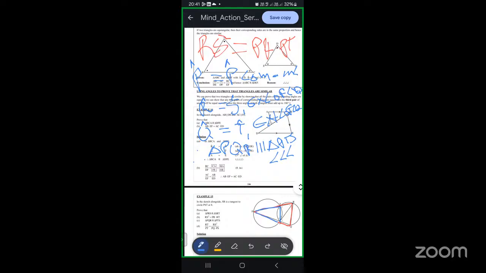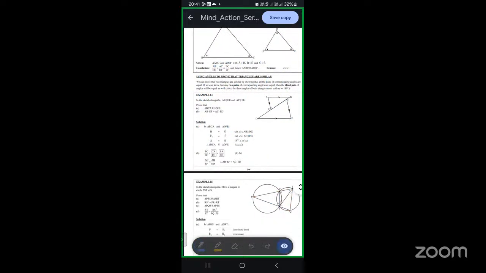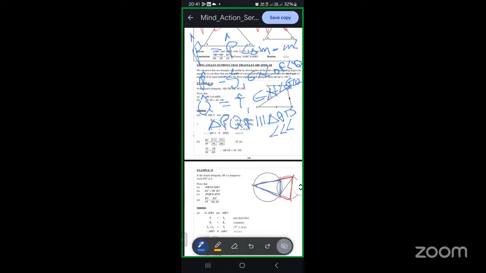I got as far as PQ over PT equal to RS squared over RT times PS. Can I just please write whatever you're saying down? Let me erase this for some space to write.